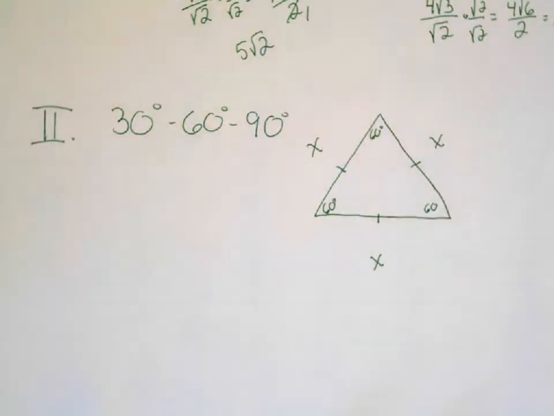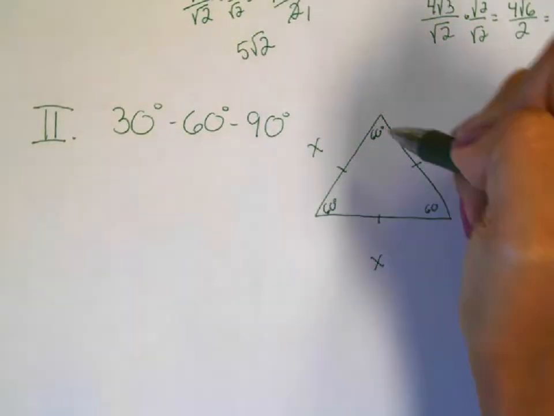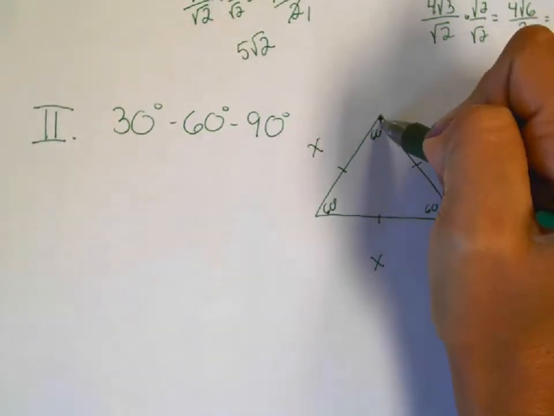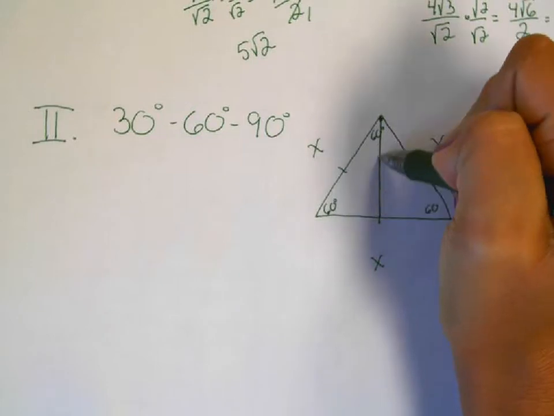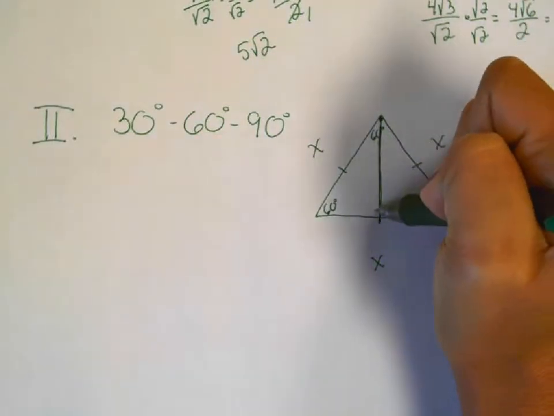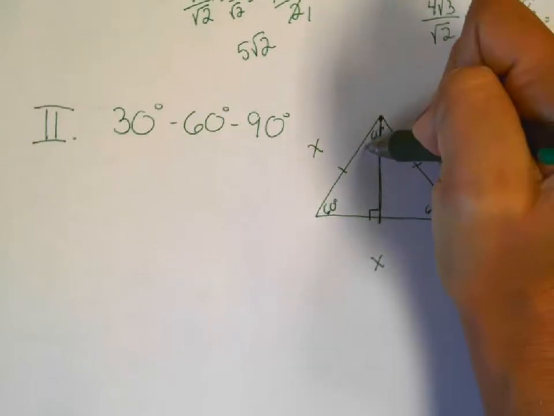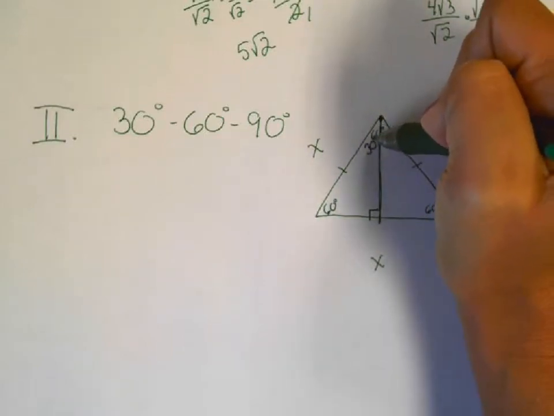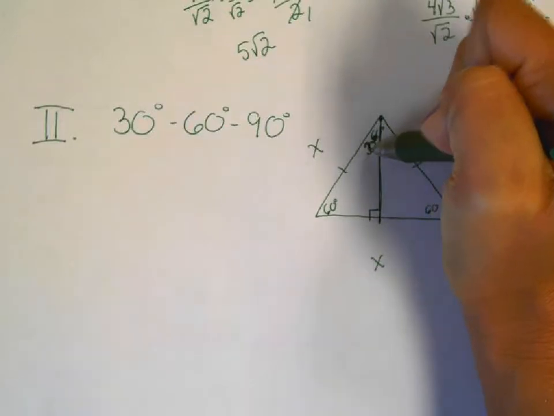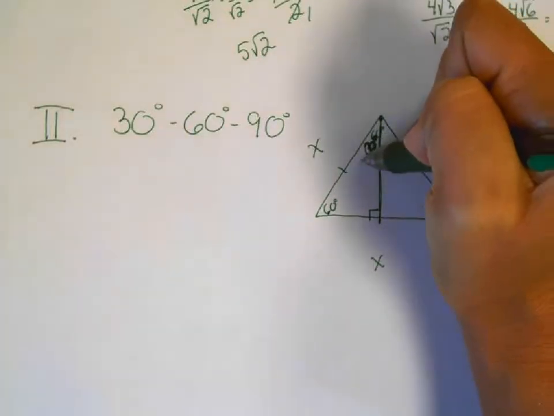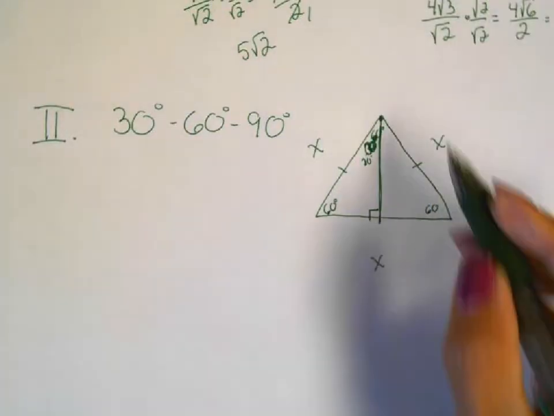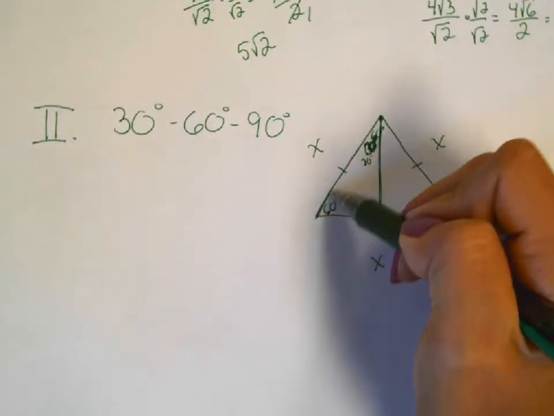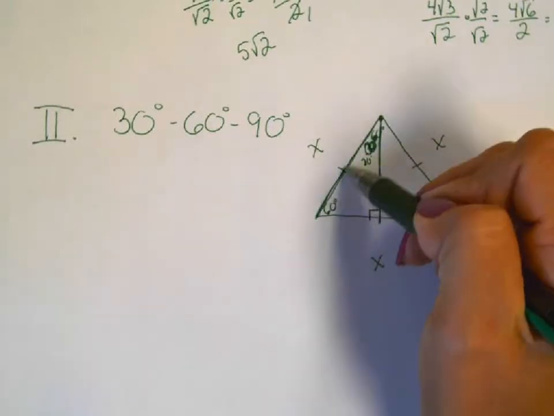Now, making the right triangle, we just drop from the top vertex straight down. Now we have a 90, and we've cut the 60 in half to a 30. This side was our original side length on our triangle.